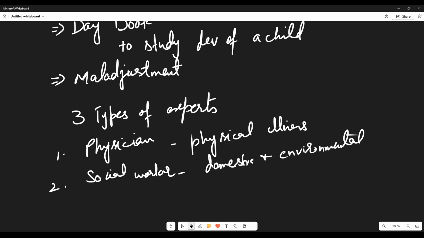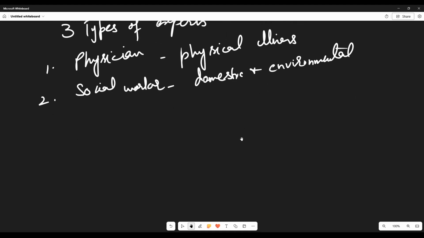He conducts interviews with parents, families, and friends in this reference. The third expert that takes part in this clinical method or case history method is a psychometrician or a psychologist. His role is to administer different psychological tests to diagnose the mental health conditions and assess the personality of the patient.